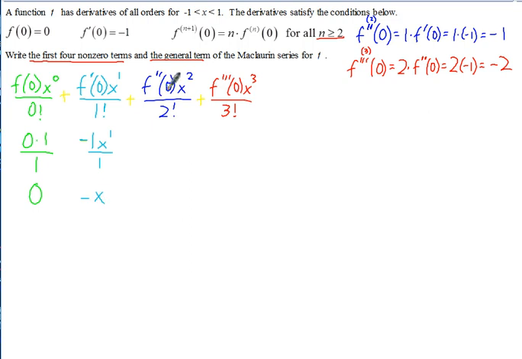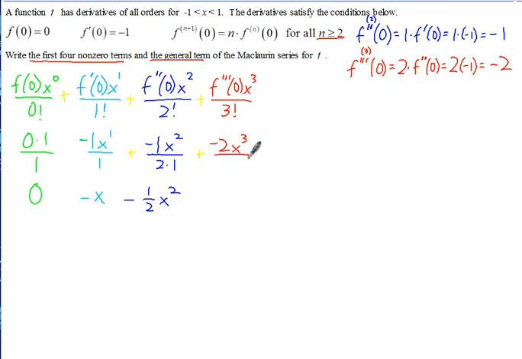And then f double prime of 0 we got was negative 1. So this is negative 1. X squared over 2 factorial is just 2 times 1, which is 2. So that'd be negative 1/2 x squared. There's our second non-zero term. F triple prime of 0 is negative 2 we found. So this is negative 2.